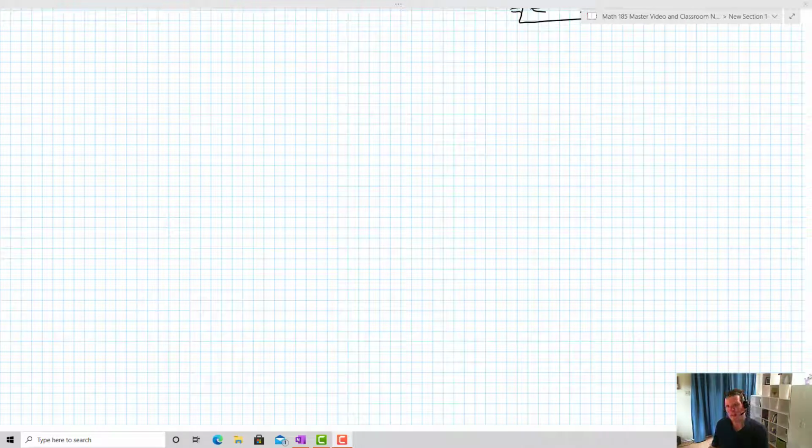Now, sometimes we're given the bounds, like we were in the last case. We were given a left-hand bound of x equals 0 and a right-hand bound of x equals 1. Okay, but sometimes we're not. We're actually just asked to find the area between two curves.